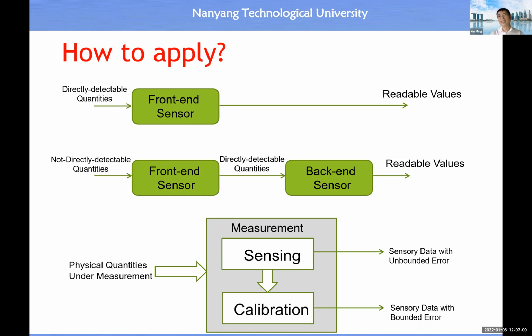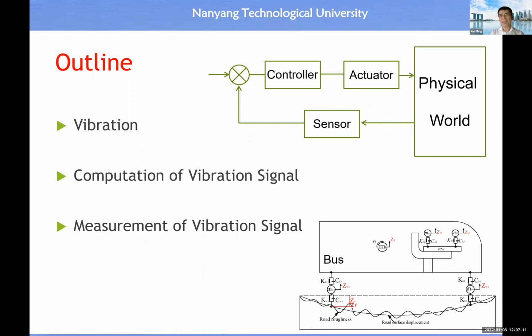So this slide basically summarizes the general guideline for you to follow in order to learn the knowledge from this course. Okay, now we are ready to enter the study of today's lecture.